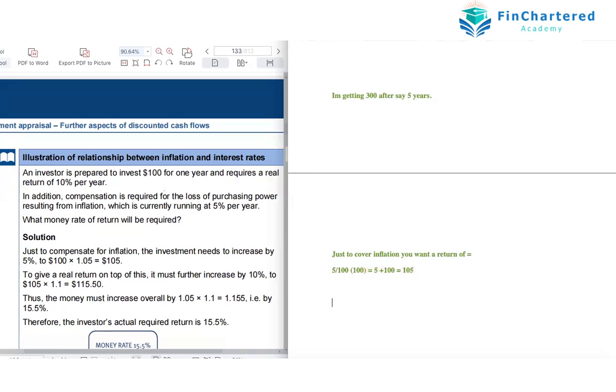On top of that, you want a return of 10%. 10% of 105 is 10.5. So you basically want 105 plus 10.5.